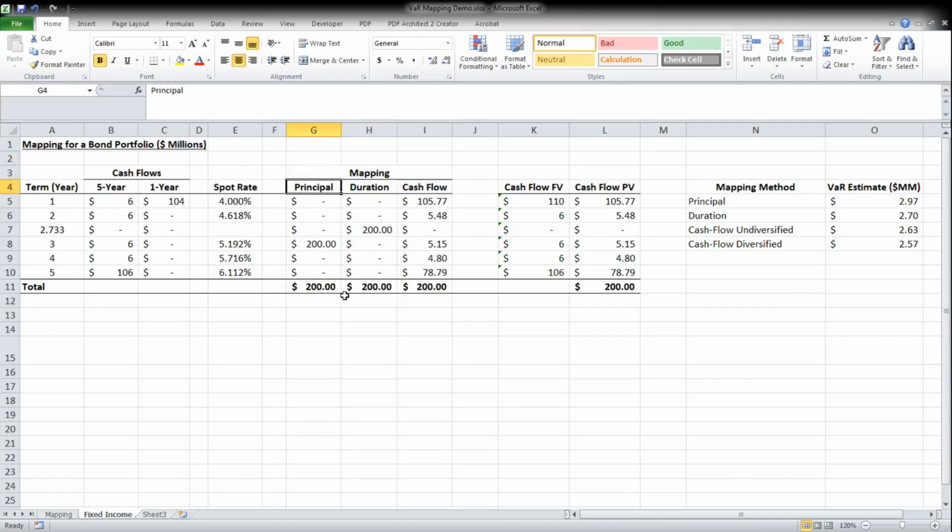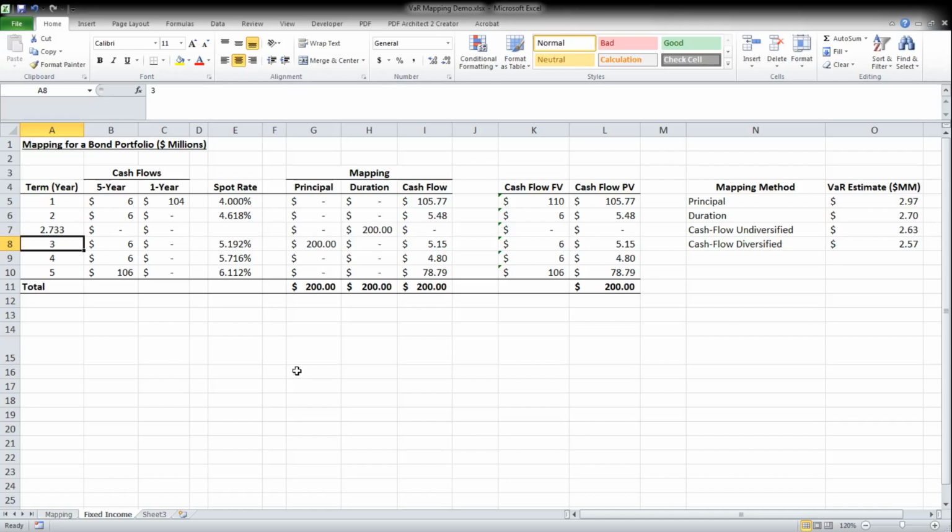So principal mapping is the easiest one, the most crude one. It's the least accurate of the three. We have two bonds, one with a maturity of 5 years and one with a maturity of 1 year. What we do is we map the entire $200 million portfolio to one bond of the average maturity of our portfolio. So the average between 5 and 1 is 3 years. So here we assume that the entire $200 million is invested in one bond with a maturity of 3 years.